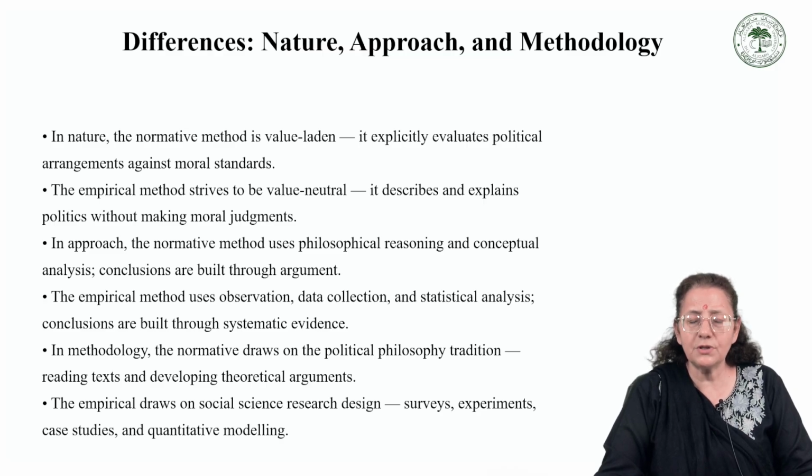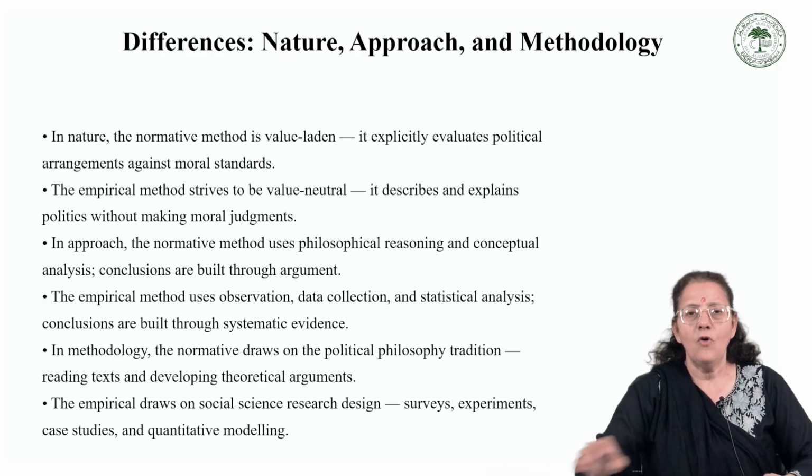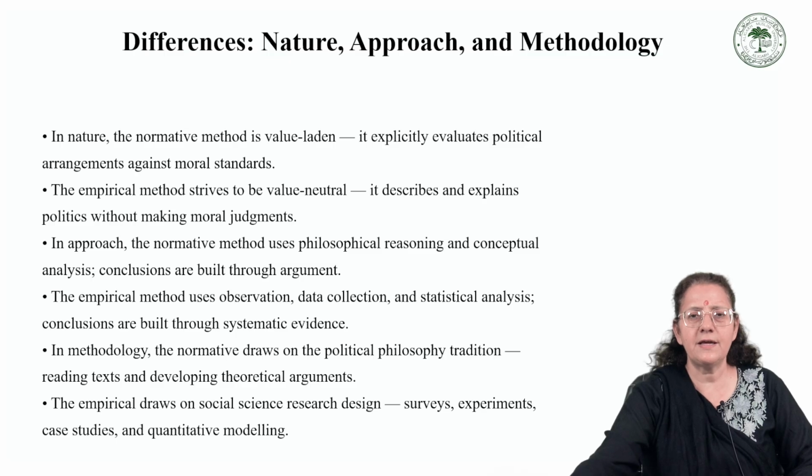In terms of nature, the normative method is value-laden. It explicitly engages with questions of values and ethics. It does not attempt to be neutral about political arrangements. Instead, it evaluates them according to moral standards and makes normative judgments about which arrangements are better or worse, just or unjust.